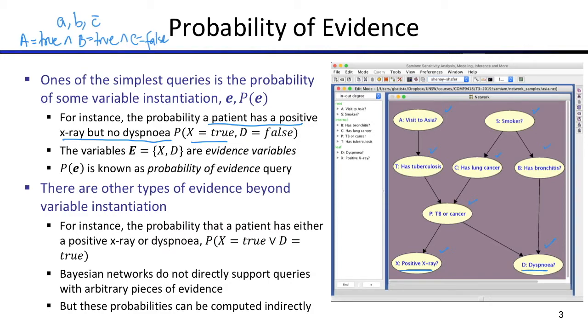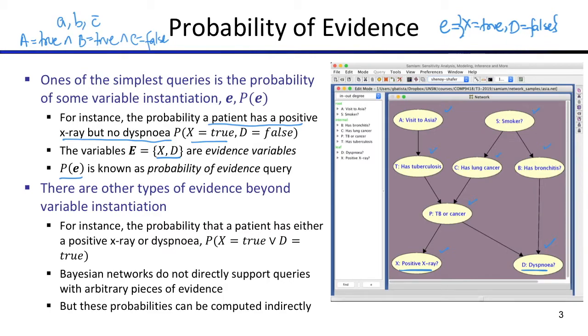So we call that X and D our evidence variables, and we want to calculate P of E. So little e will be the instantiation, that is X equal true and D equal false. And the big E is going to be the variables X and D. So this is one of the simplest queries that we can make, and it will compute and return this probability to us.